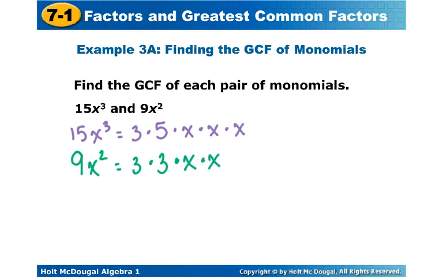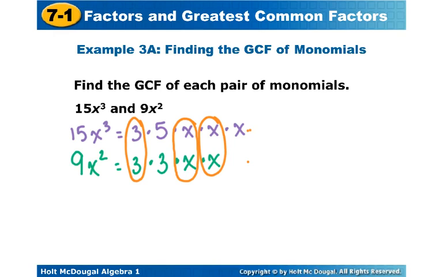Now what you're going to do is circle the terms that they have in common. So I know they both have one 3, and then they're both sharing these x terms right there, and these ones they're also sharing. Now this top one has an additional x, but there's nothing down at the bottom for it to be shared with. So I can't say that is also a factor, okay? It has to have an equal number of x's in order to be factors.